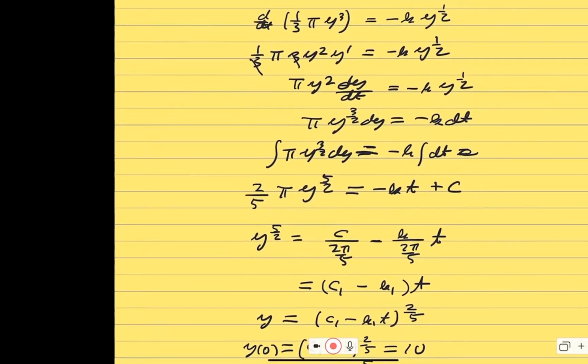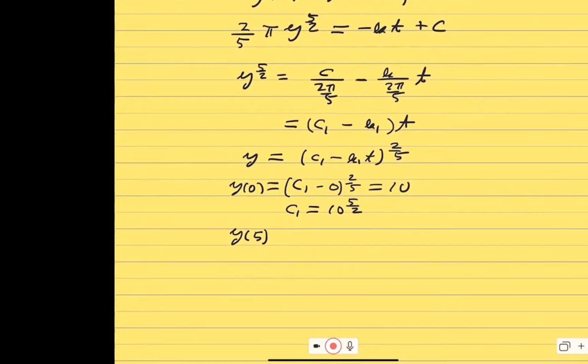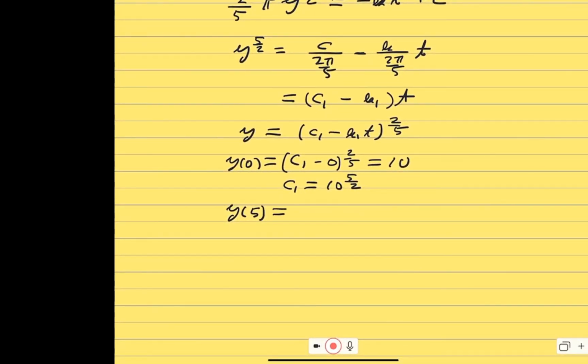Let's just scroll back up and look. y of 5 is 9, yes. y of 5 equals 9, and that is C1 minus K1 times 5 to the 2/5. So 9 to the 5/2 is C1 minus, let's write it as, 5K1.